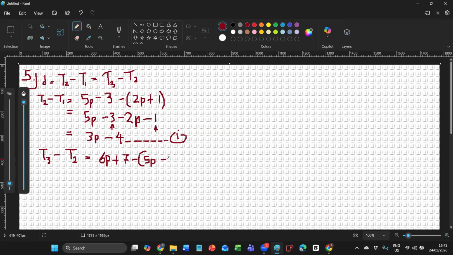So we open the bracket, and what do we have? 6P minus 5P, and then plus 7 plus 3, because of the minus sign.